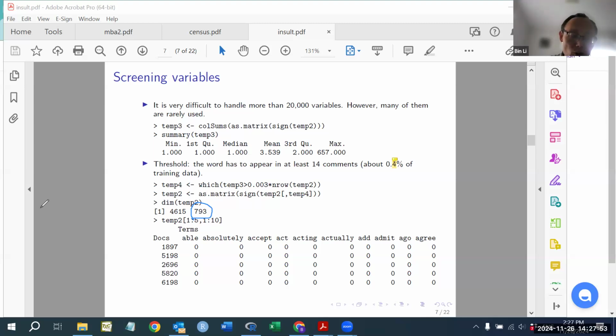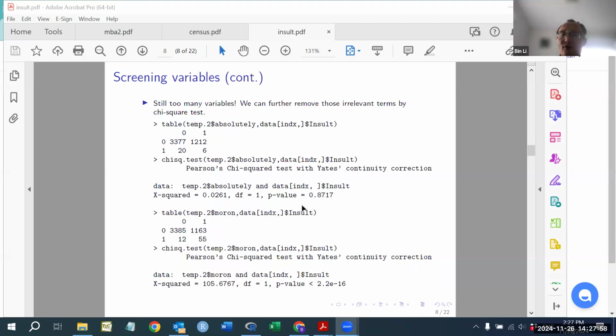But we need to do some further filtering. Why? Because some of the words, although they appear quite commonly, have no discriminating power to identify whether the comment is neutral or insulting. So we should remove these words, right? So how do we find these words?